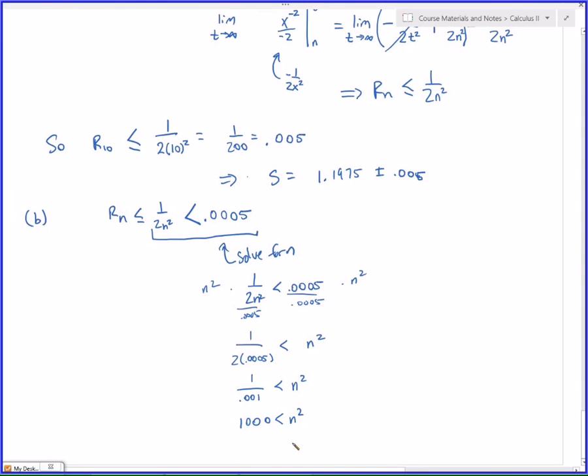And then square root both sides. n has to be bigger than, what's the square root of 1,000? 31.6. Okay, so how many terms do I need? 32 terms. If I go 32 terms, I know I'm within 0.0005 of that sum. And that's how we'd answer that question.